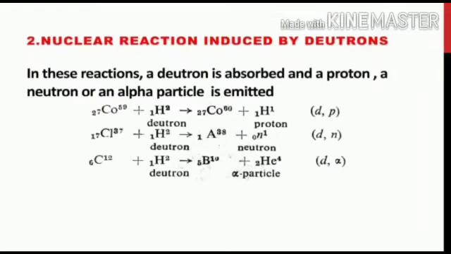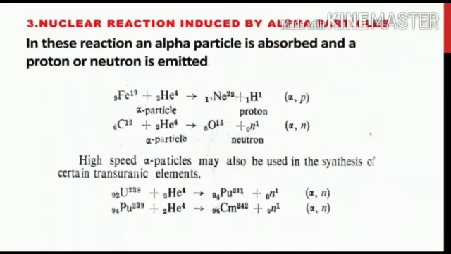Nuclear reaction induced by deuterons. In this type of reaction, a deuteron is absorbed and a proton, a neutron or alpha particle is emitted. Nuclear reaction induced by alpha particles.